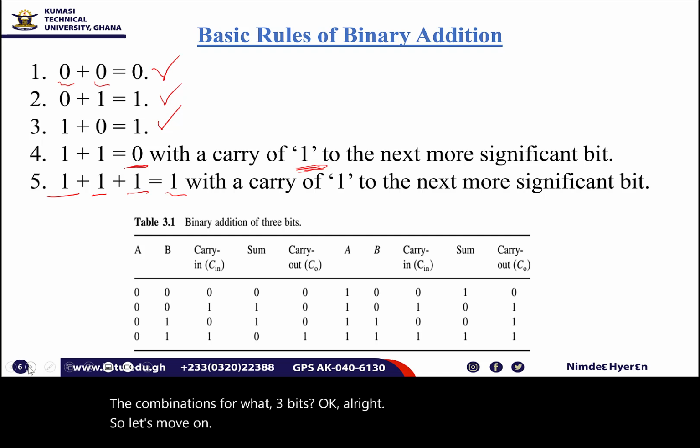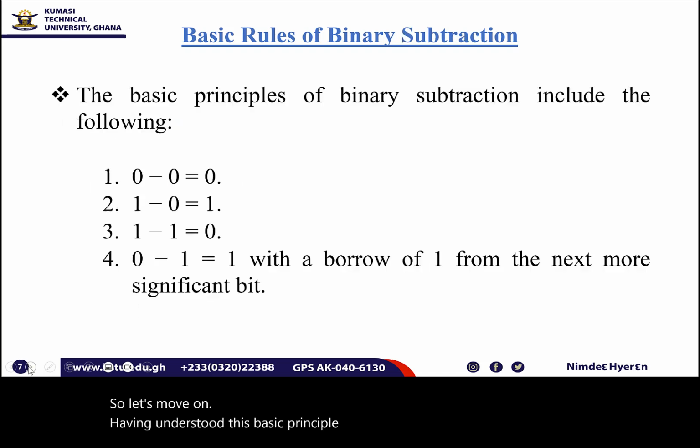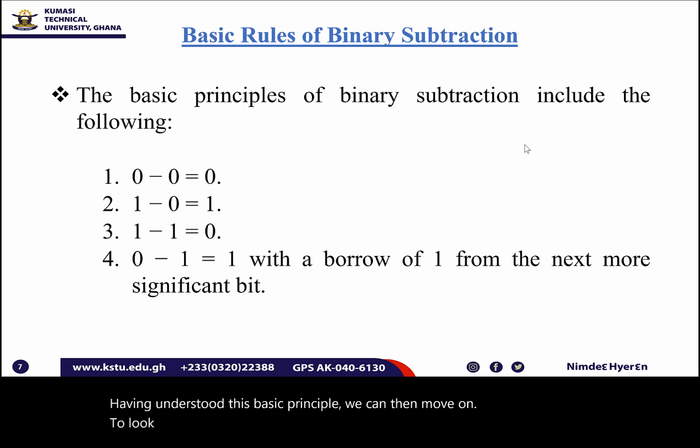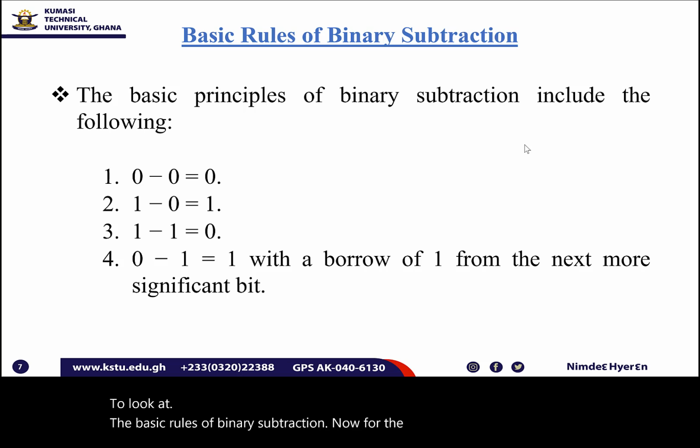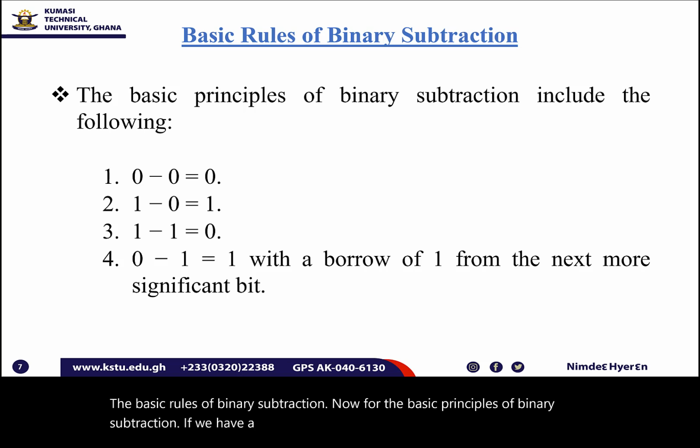Having understood this basic principle, we can then move on to look at the basic rules of binary subtraction. Now, for the basic principles of binary subtraction, if we have a 0 minus a 0, that will automatically give us a 0.